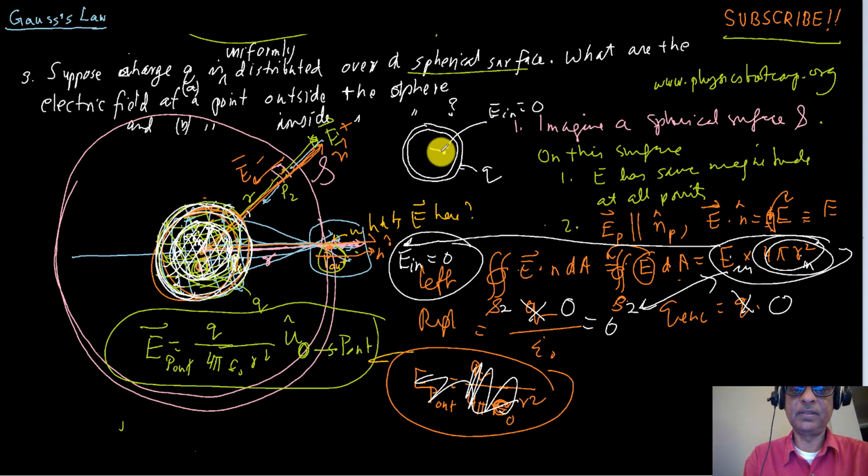So this is R in. So if you are inside, you won't feel any electric field. And this is the reason for Faraday cage. You probably studied that. Maybe you should look it up. Faraday cage.